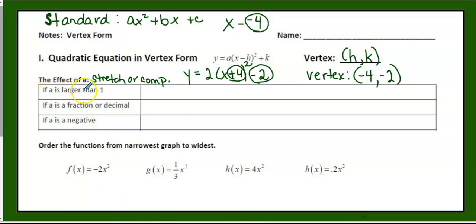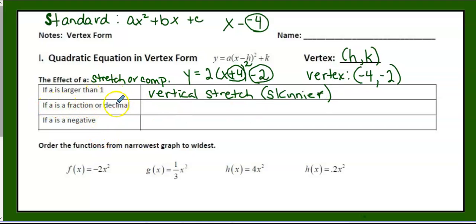If a is larger than 1, if you remember on our graph on Desmos, when a is greater than 1, it is a vertical stretch. That's what we call it. You might as well get used to these terms because we use this a lot in Math 3 as well. In other words, it gets skinnier. And what we're talking about is what happens to that parent function when a is greater than 1.